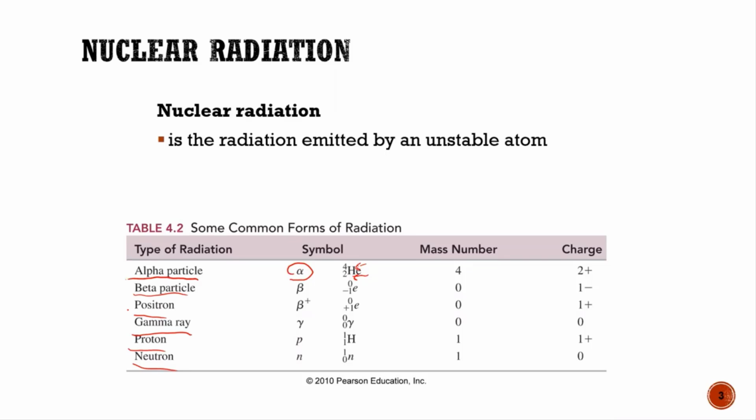The reason you see the beta and positron breakdown is they're trying to get the number of neutrons and protons equal, that sweet spot where you have the same amount of protons and neutrons. Alpha decay is just a quick way to reduce the mass of the nucleus.